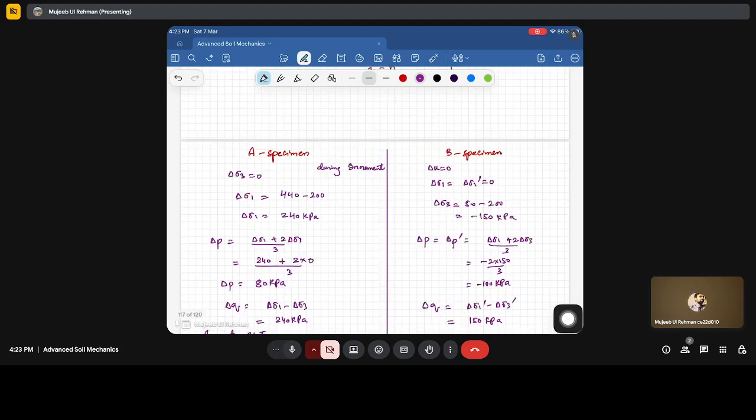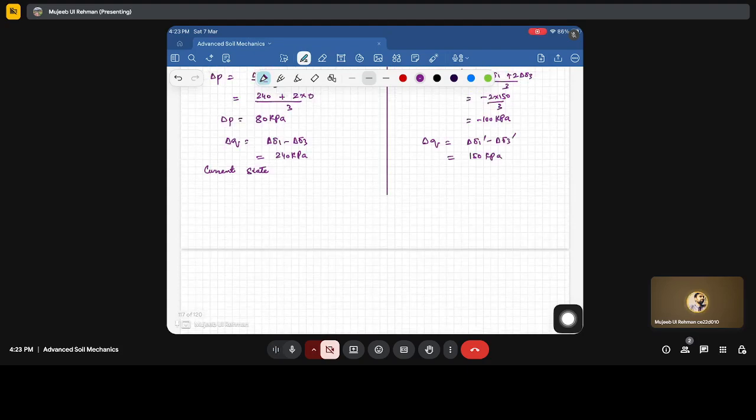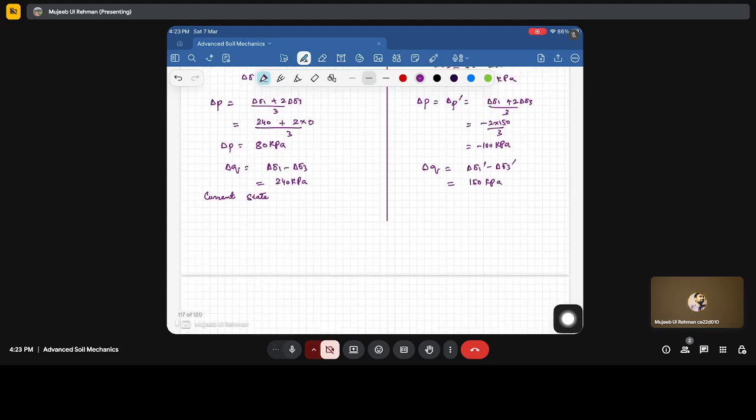Now for the current state, can you write P? What is the stress P? P is P naught plus delta P. What is the initial P? 200, and delta P is 80. So equivalent P is equal to 280 kPa.